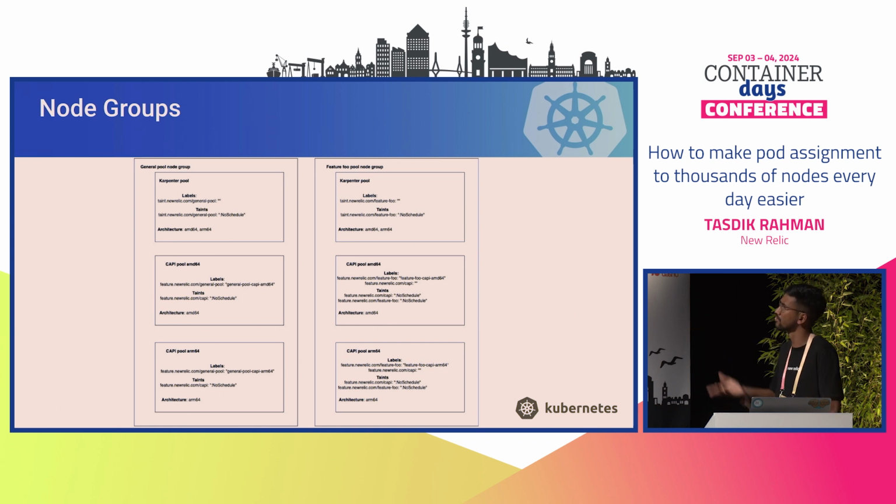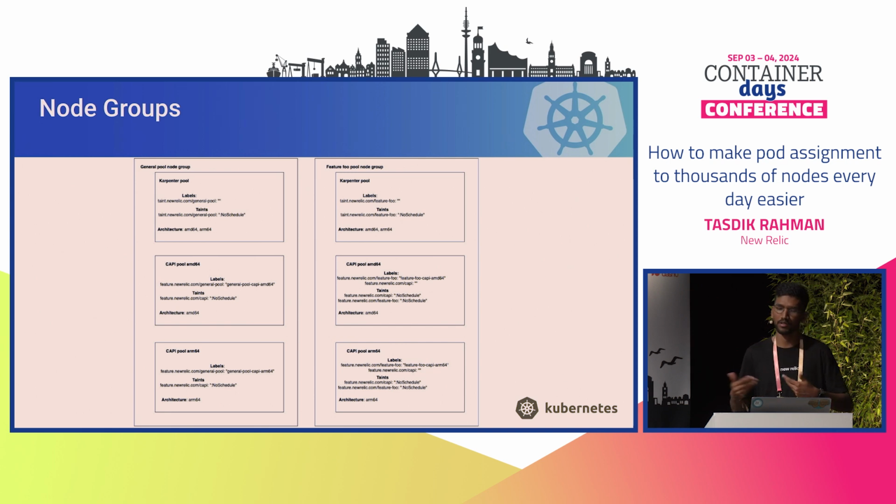You can keep extending this further, but you get the general idea here that the nodes of a similar node group have common labels and taints, and apart from a few differentiating ones, it's mostly the same, but the ones which are differentiating are to help the scheduler schedule the application in the specific pool inside a node group, right?